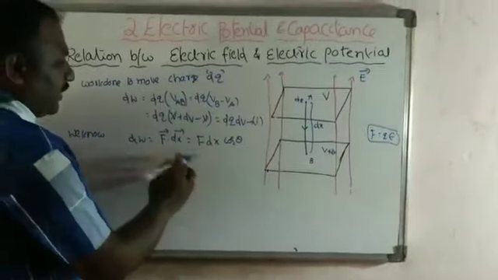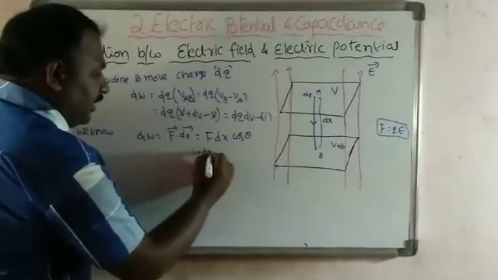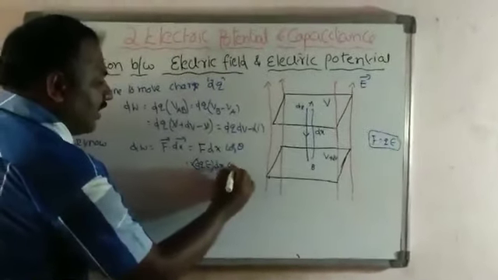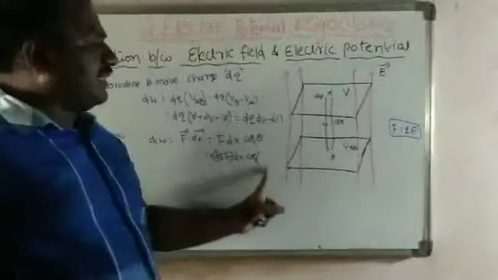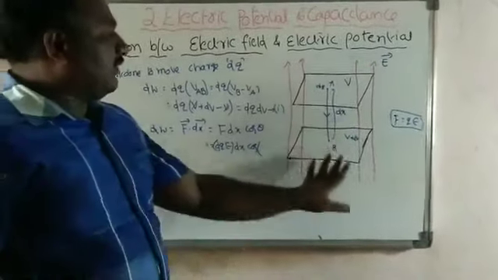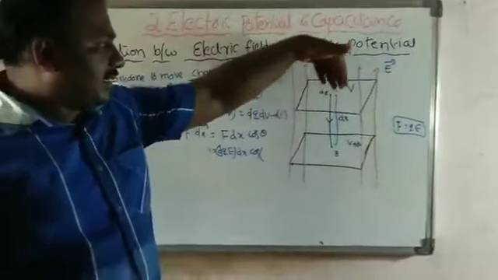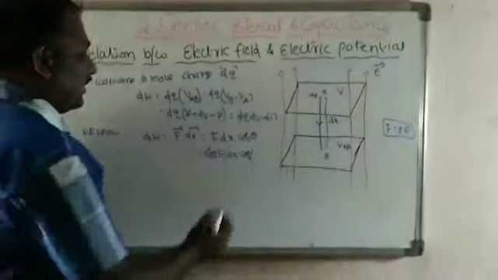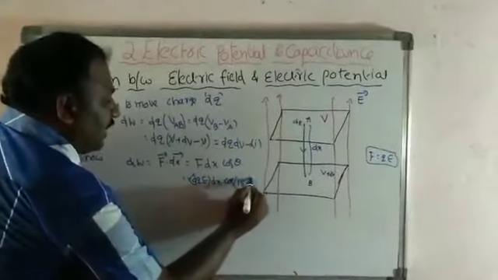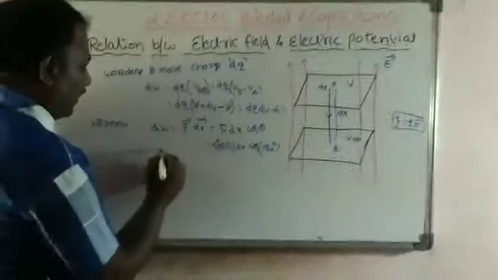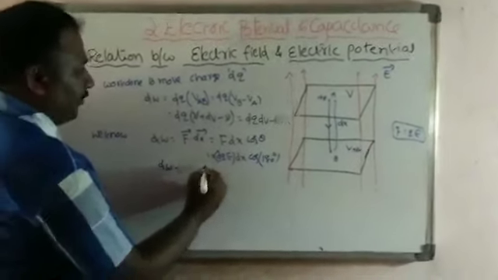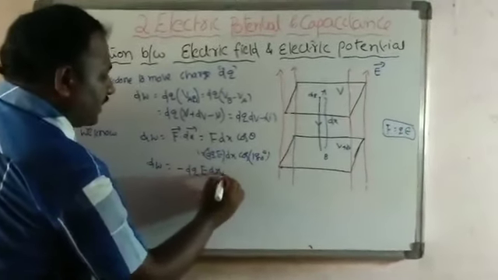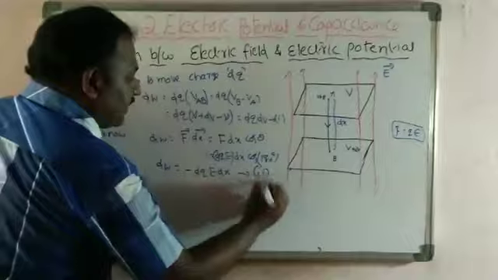So we write the force as dq into E, into dx cos theta. Here theta is the angle between the field, which is upward, and the displacement of the charge, which is downward. That angle is 180 degrees. Substituting, dW becomes minus dq into E into dx. This is equation 2.